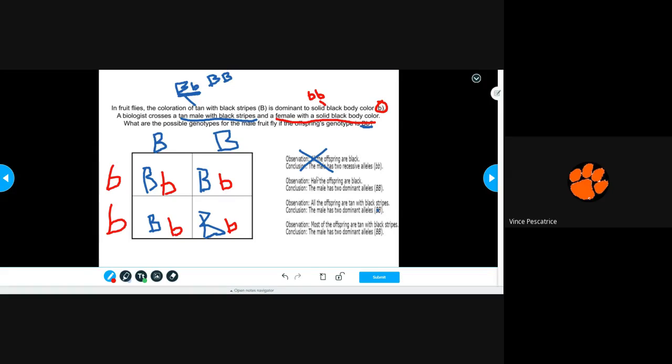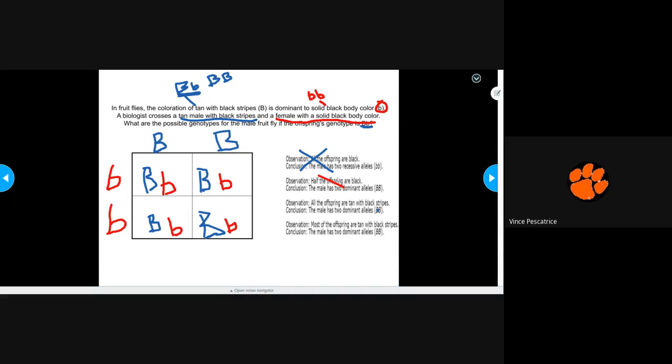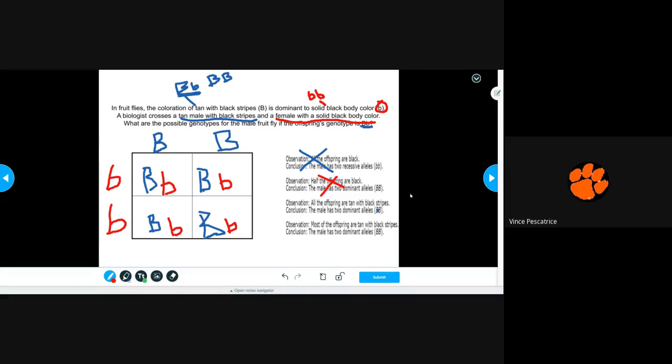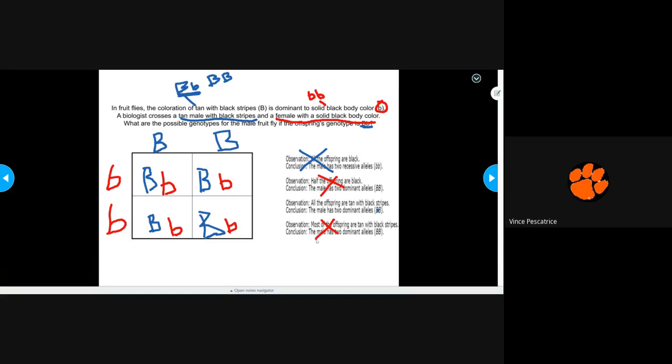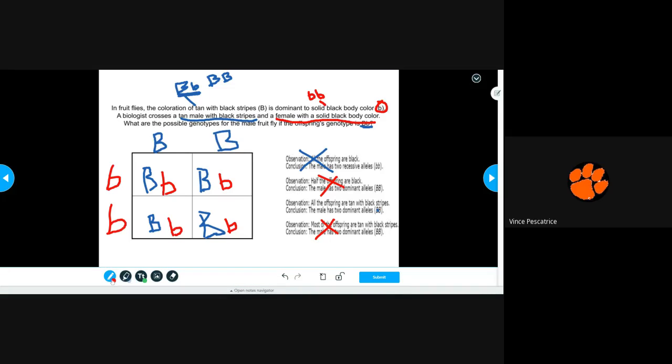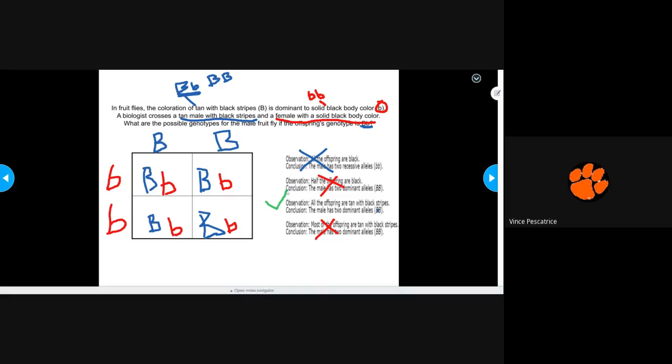So we know that anything with black offspring is wrong. So that can't be right either. Our next option is all the offspring are tan with black body stripes. That's true. Every one of these possibilities would wind up with a tan with black stripes. So we know this could be it. Or most of the offspring are tan with black stripes. Most meaning not all. And since all of them are tan with black stripes, this cannot be correct. So the correct answer is C.